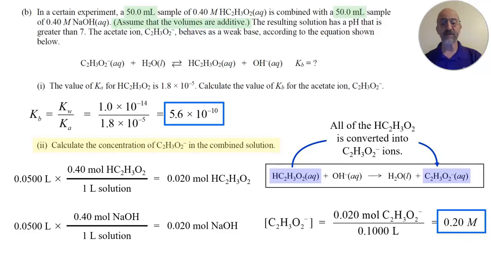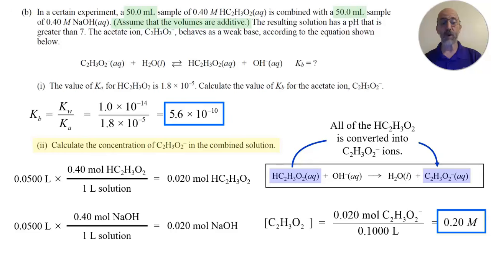Because all of the moles of acetic acid have been transformed into moles of the acetate ion. And how did I know that the volume was 0.1 liter? Because it was 100 milliliters as the total volume. So 0.02 moles of acetate divided by 0.1 liters gives me 0.20 molar for the concentration of the acetate ion.